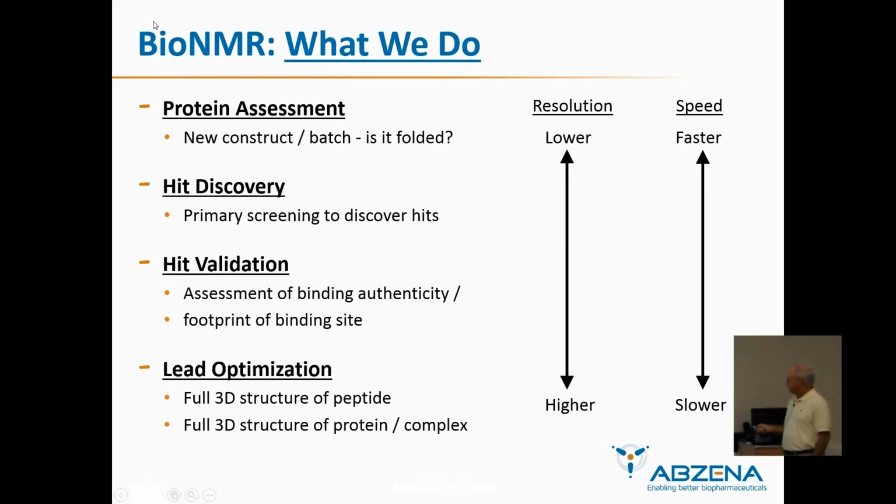And then if you're willing to wait and you want to achieve higher resolution, NMR is capable of getting full three-dimensional structures of protein and protein-ligand complexes and peptides as well, in the same way that NMR is often used to get structures of small molecules, but in this case you're also getting the three-dimensional fold of the protein. So NMR and X-ray are the two methods by which you can get full 3D structures of protein. And in NMR, you're in solution.